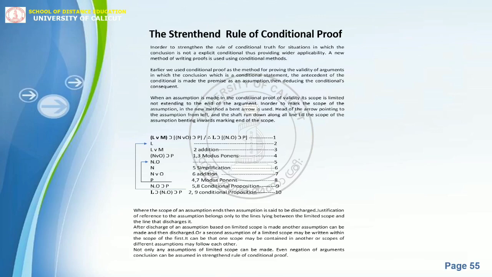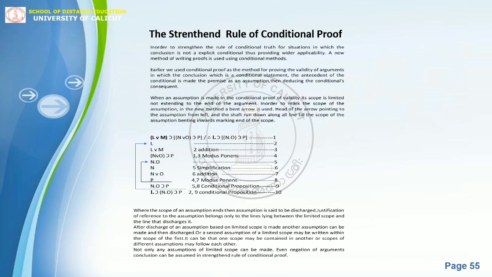The answer which we have to derive is L implies N conjunction O implies P. So from this, when we end the scope, we get L implies N conjunction O implies P, which is 2, 9 conditional proposition, and marked it as 10.